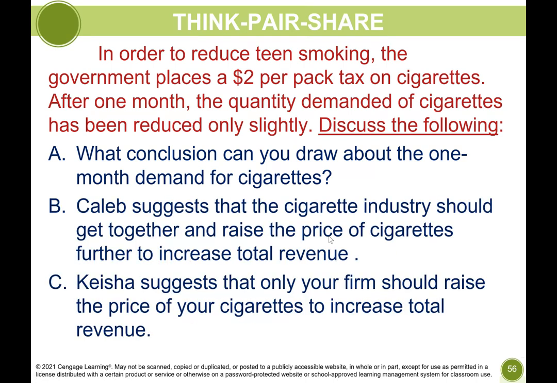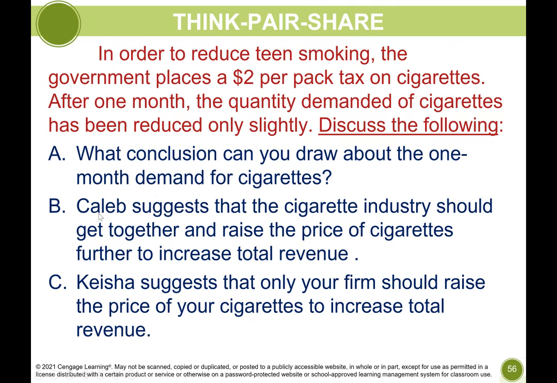Think, pair, share. In order to reduce teen smoking, the government places a $2 per pack tax on cigarettes. After 1 month, the quantity demanded of cigarettes has been reduced only slightly. Discuss the following. Number A, what conclusion can you draw about the 1 month demand for cigarettes?